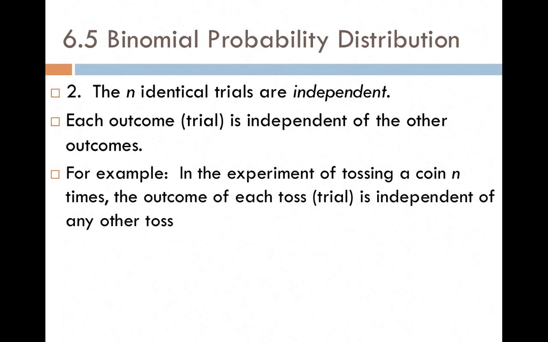So, for example, in the experiment of tossing a coin n times, the outcome of each toss or trial is independent of any other toss. So, you flip the coin once, it lands on a table, and then it rolls off the table and lands on the floor.